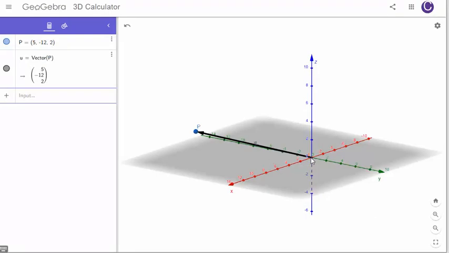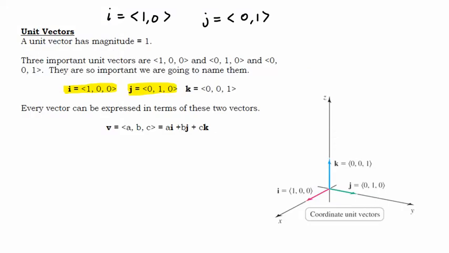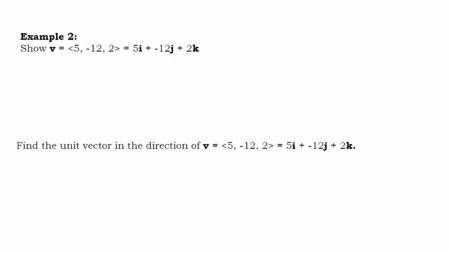Okay, so let's say that one more time. I'm going to have to add 5 i vectors, subtract 12 j vectors, and then add 2 k vectors to get up to there. Alright, so let's just write that out so we can see what that looks like and show that that's true.